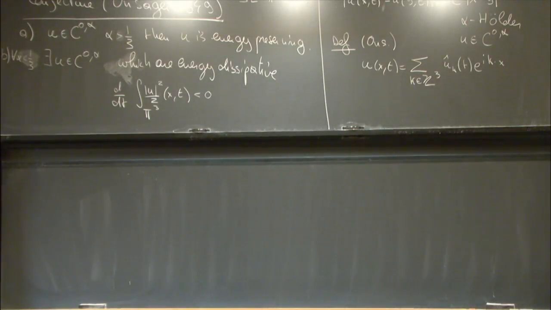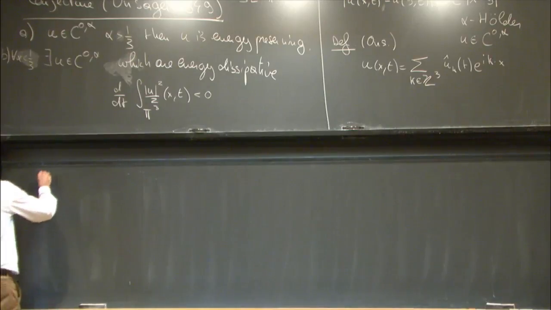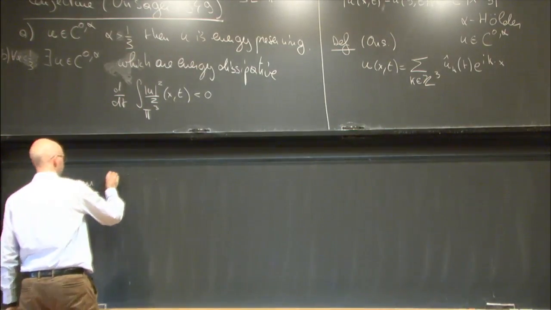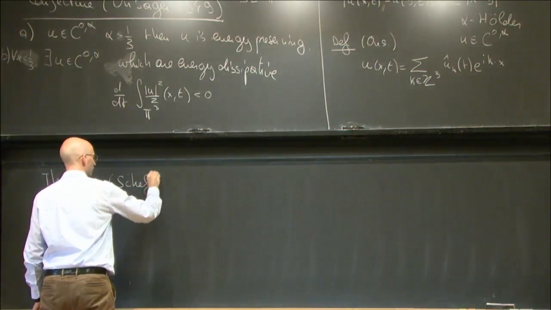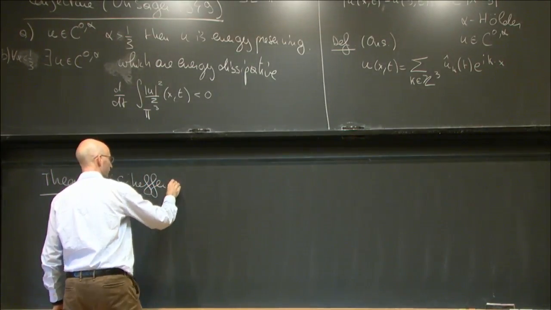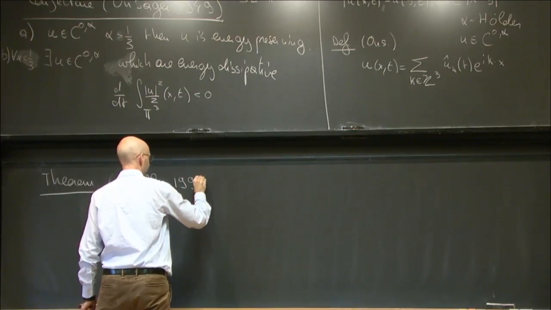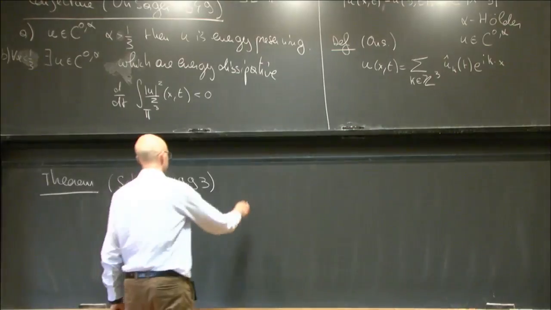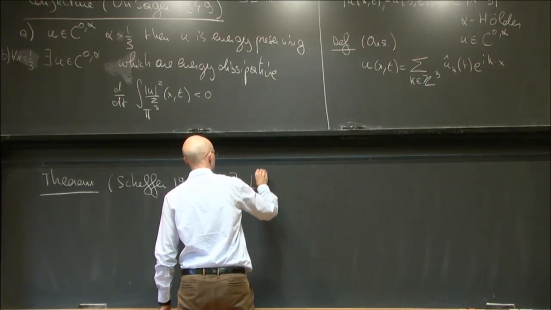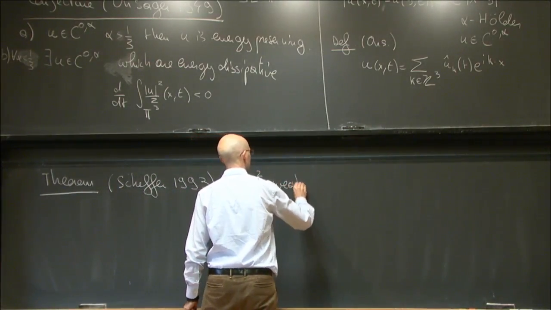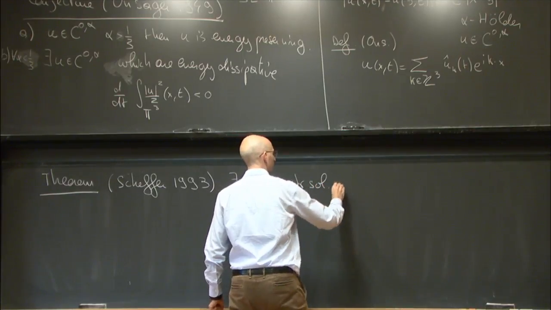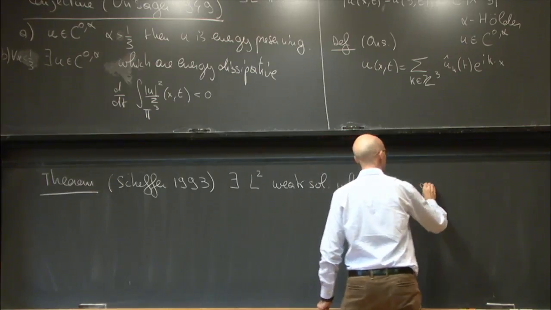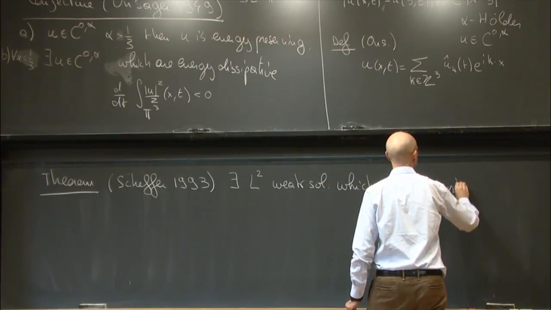Okay, because first of all, the first theorem which was out there and which showed the existence of solutions for which the energy was not conserved is in a paper in 1993 by Vladimir Scheffer, and he actually proved that there exist L2 weak solutions which are compactly supported in space and time.